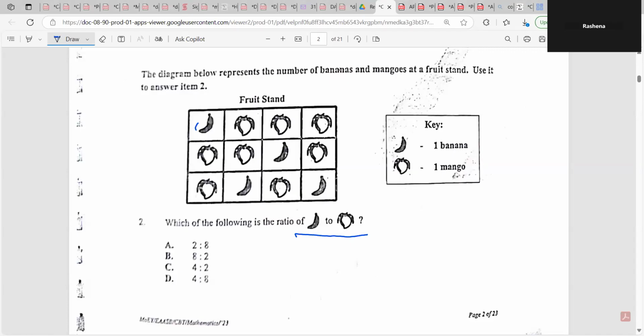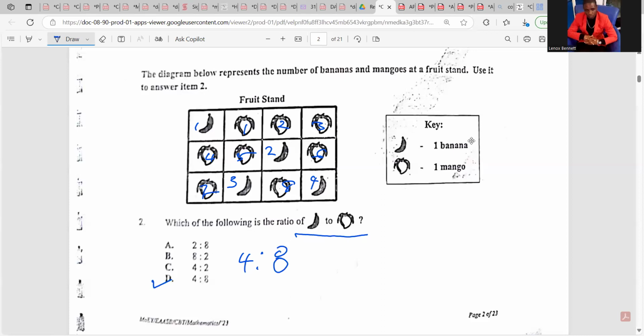So I wrote down my 4 and I wrote down the two dots, and then I counted my mangoes because again it said bananas to mangoes, and there are 1, 2, 3, 4, 5, 6, 7, 8 mangoes, which gave me 4:8, which is D. Good job. I agree as well.